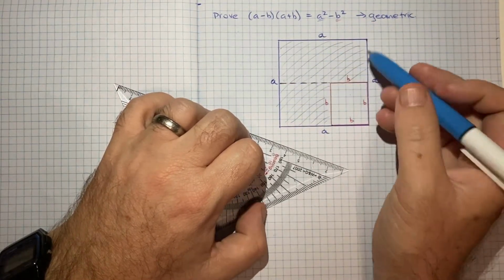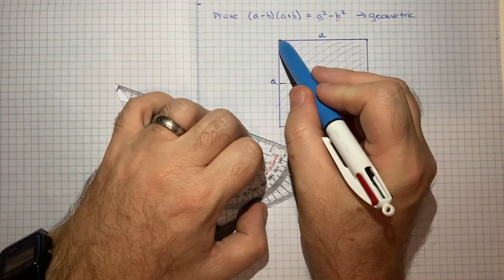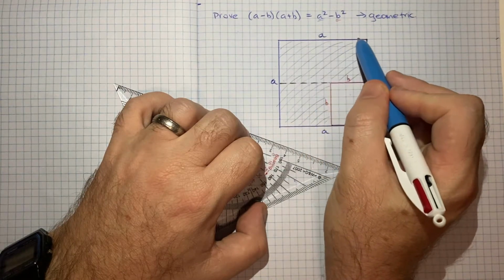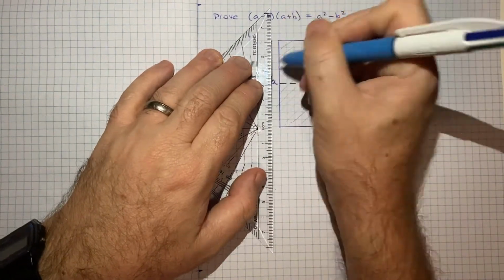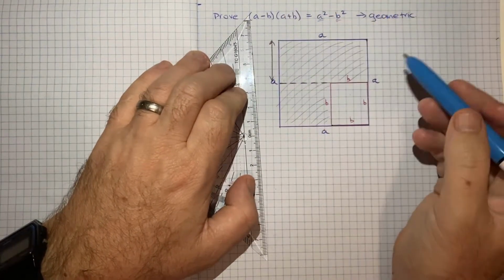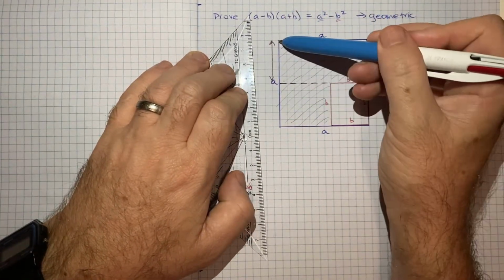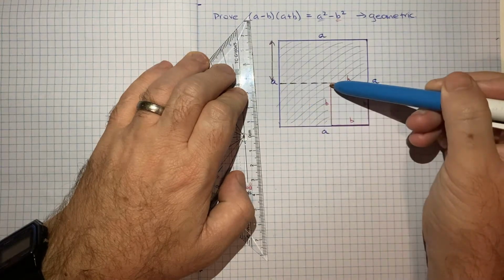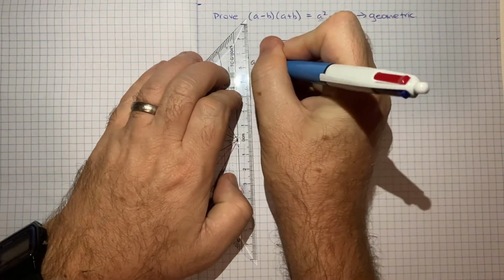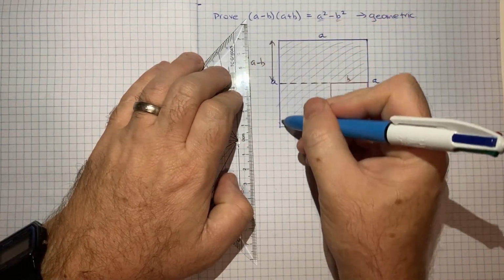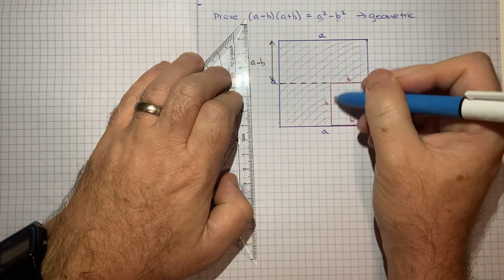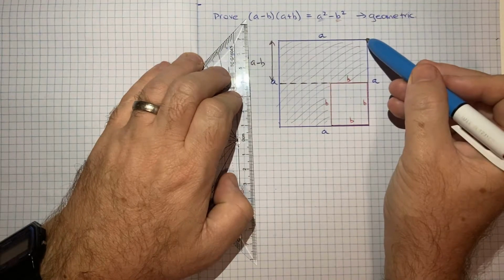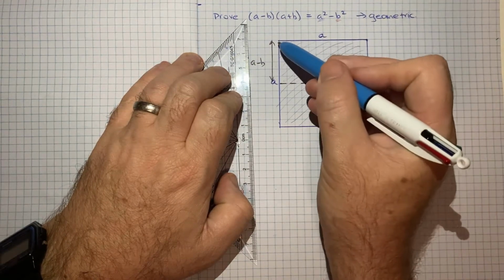This first rectangle has one side with a length of a, and the other side will have a length of a minus b, because it's the total length of the side less the length of the side of the square b. So here we've got a rectangle of dimensions a and a minus b.